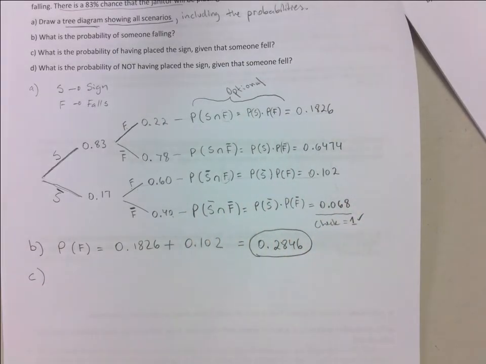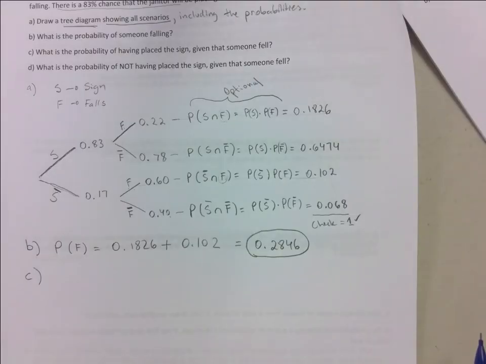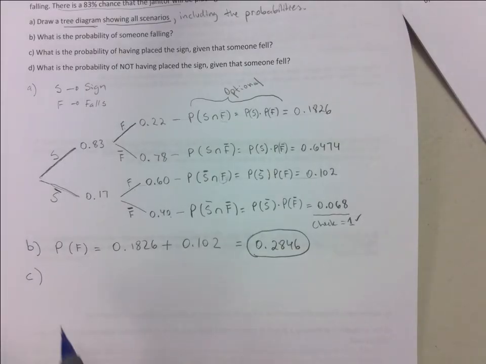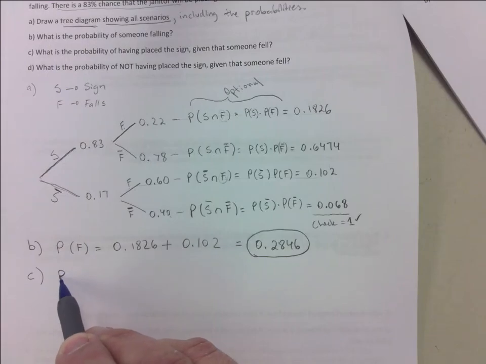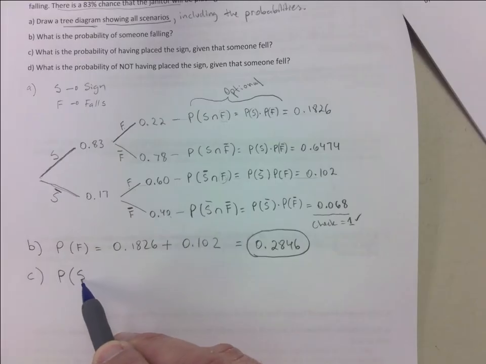C. What's the probability of having placed the sign given that someone fell? So you're going backwards in time almost with this one. Let's translate that: probability of having placed the sign given that someone fell.